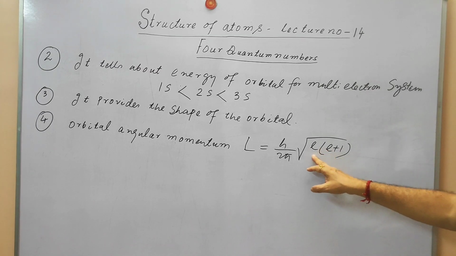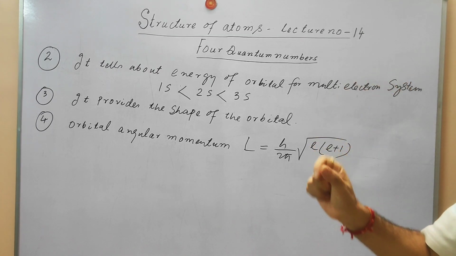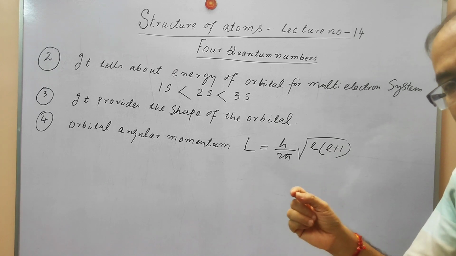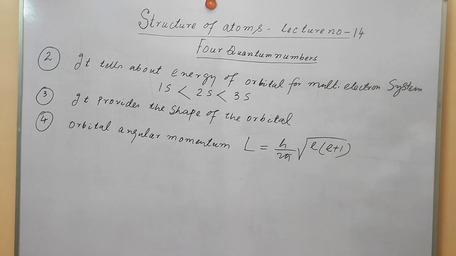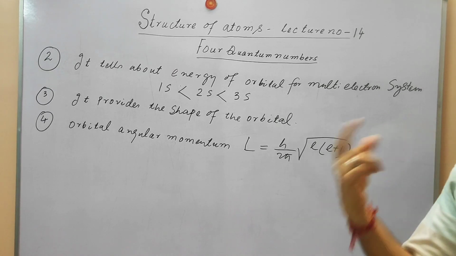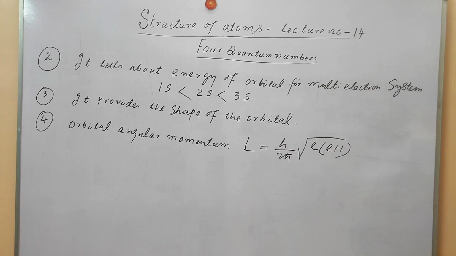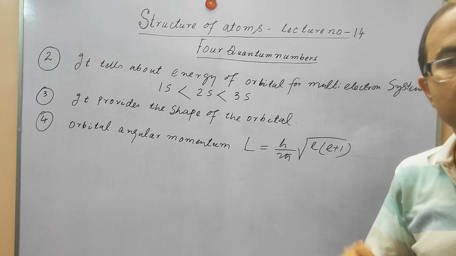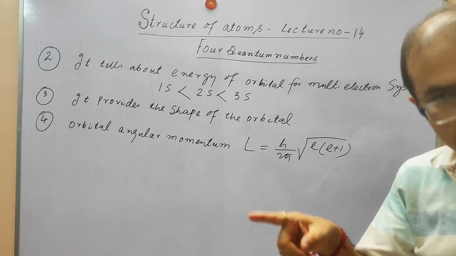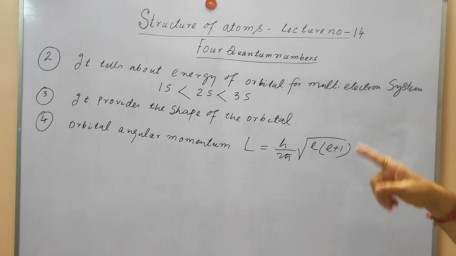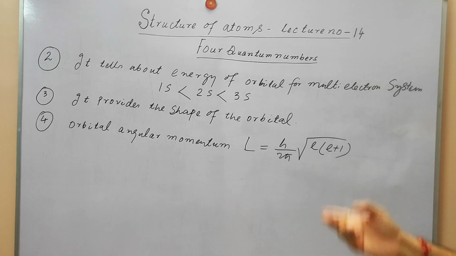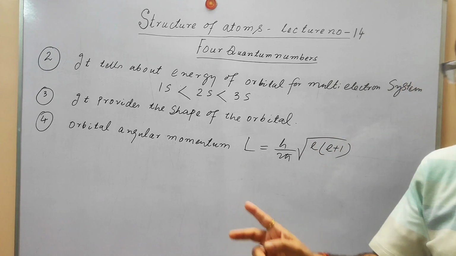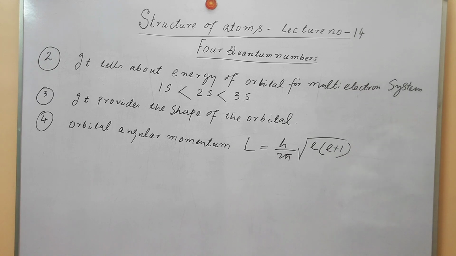If you put l equal to 0, that will be the orbital angular momentum for the s subshell. In that subshell there is the orbital, which we will not discuss now. So all this information: first, the number of subshells present in the shell; number 2, the energy of the orbital; number 3, the shape of the orbital; number 4, the orbital angular momentum.